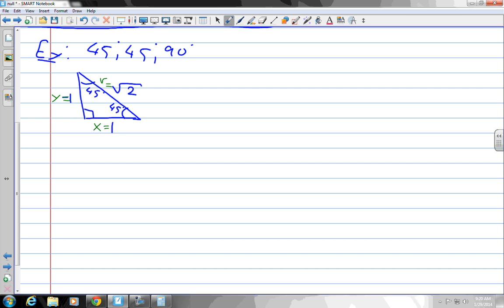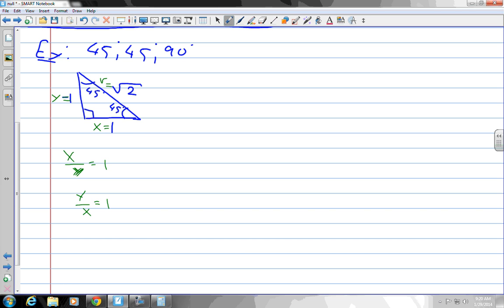Why not? Sounds like a pretty letter. So no matter what, x over y will equal 1 over 1, so you get 1. Y over x will also equal 1.